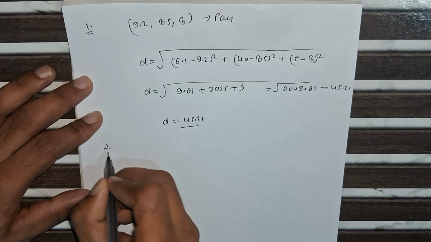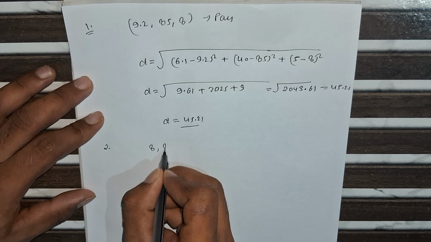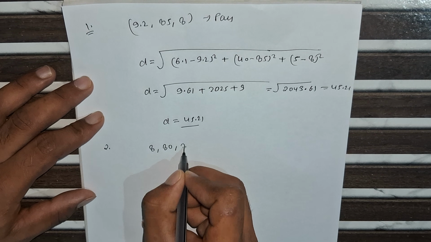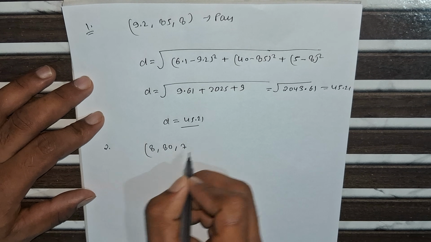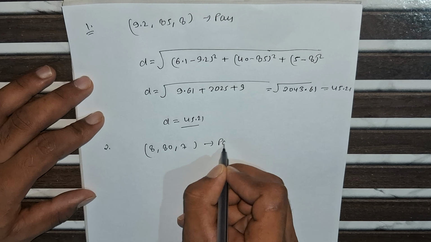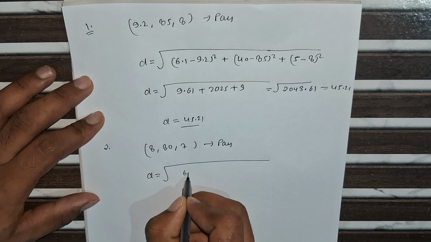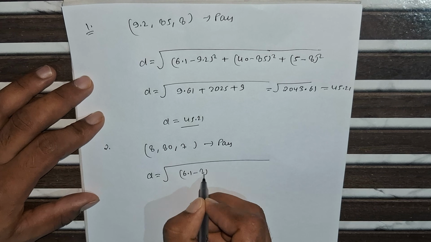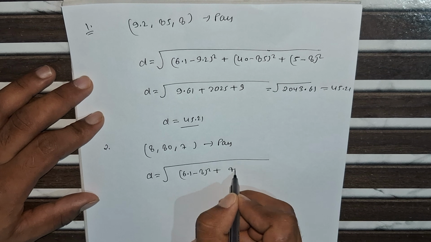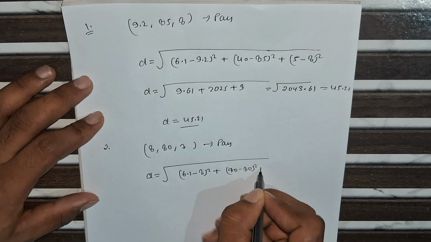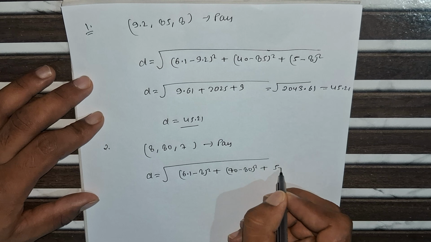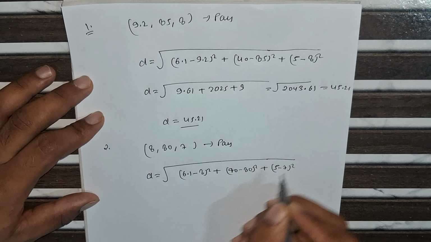Now for the second case, which is 8, 80, 7, where the result is pass. So d equals to under root 6.1 minus 8 square plus 40 minus 80 whole square plus 5 minus 7 whole square.